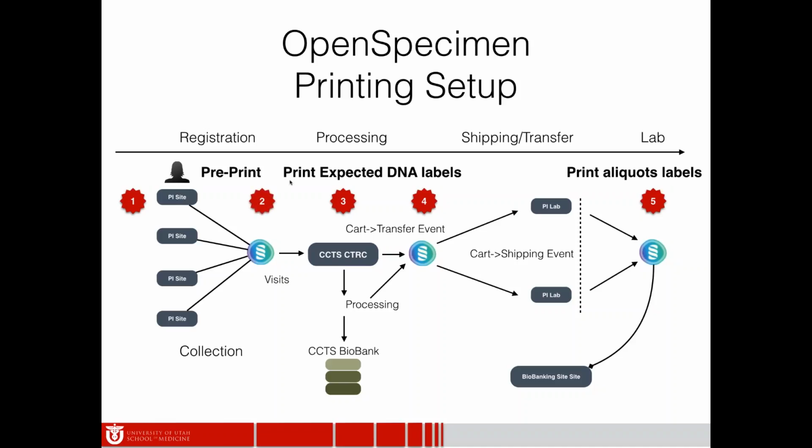That's essentially it. So that gives a high-level overview of what we're trying to do with OpenSpecimen. The stage we're at right now is that we have one of our larger labs on board. We're getting it set up so they can begin to process new samples in the next few weeks.